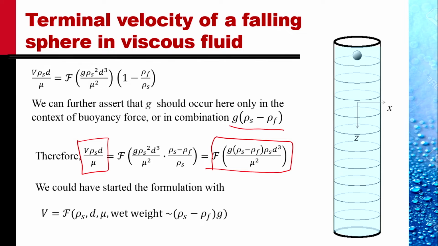That is the weight of the sphere minus the buoyancy, the force that moves the sphere downwards. And net weight is proportional to the density difference times g. So instead of using rho f and g separately, we could have used this in this combination.